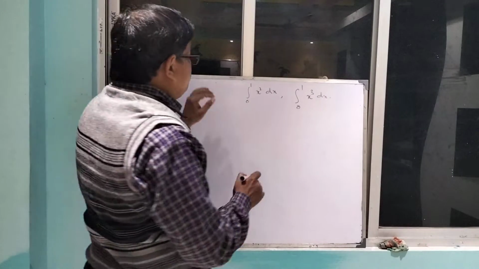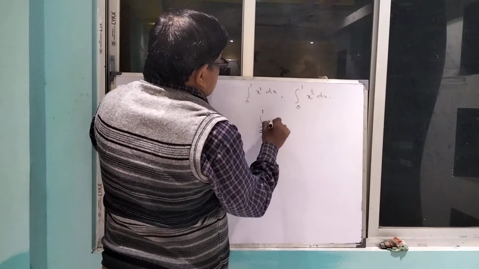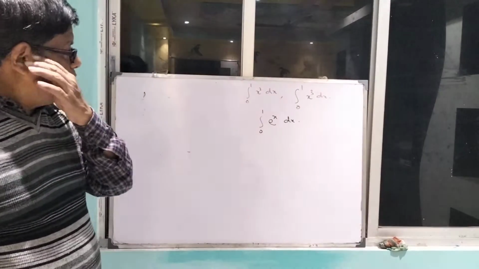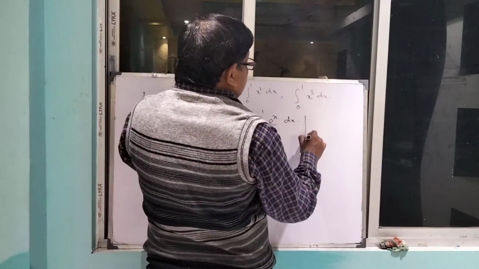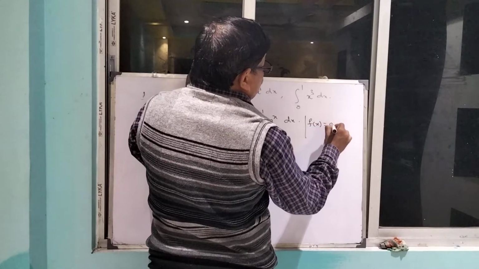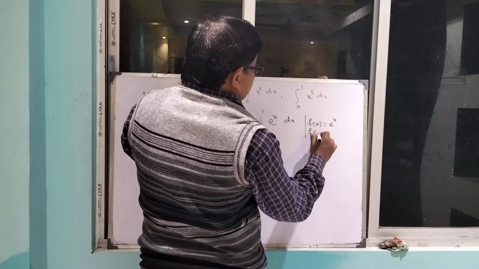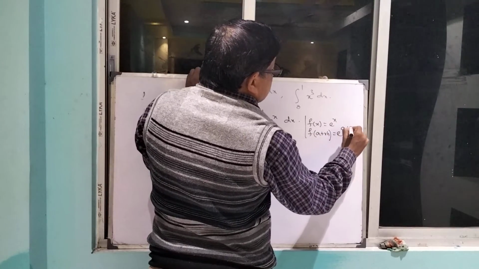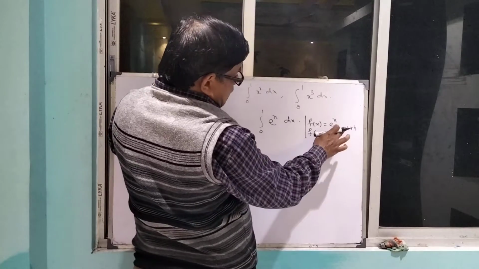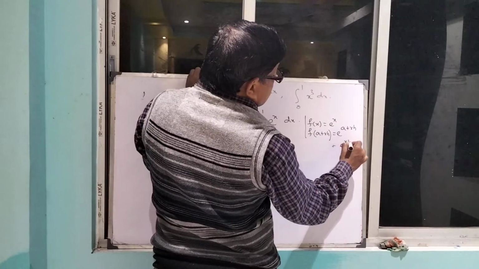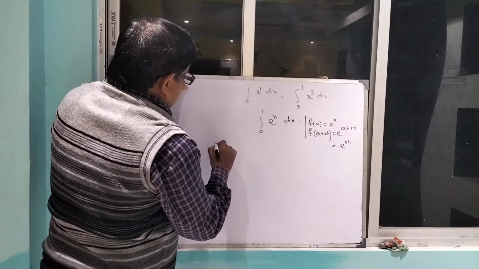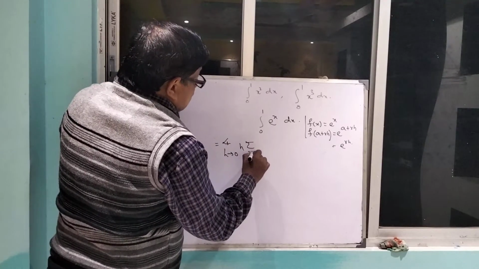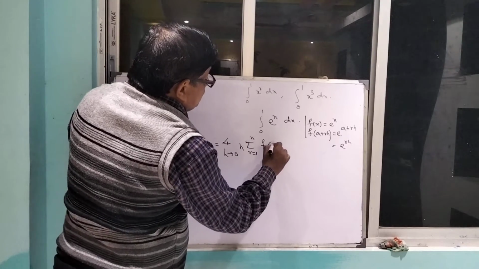Suppose I am doing integral 0 to 1 e to the power x dx. Similar process, right? Here f of x is e to the power x, f of a plus rh, so e to the power a plus rh. So a is 0, so e to the power rh. So limit formula, h tends to 0, h summation r equal to 1 to n f of a plus rh.